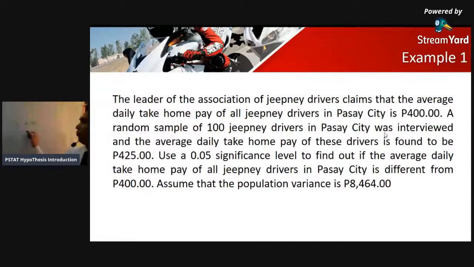We have a sample size of 100. What else?